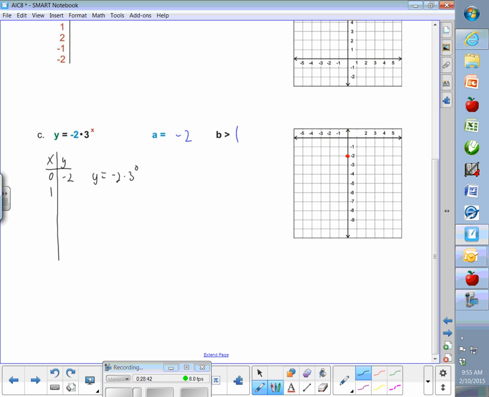All right, I'll use 1 next. Y equals -2 times 3 to the first. That's going to be a -6. I'm going to plot that point. 1, -6. Whoa. This thing's heading down, isn't it? It looks to me like this thing's curving down.